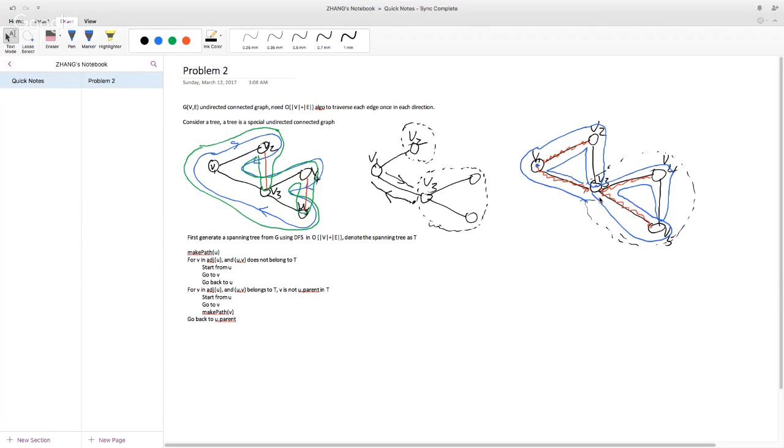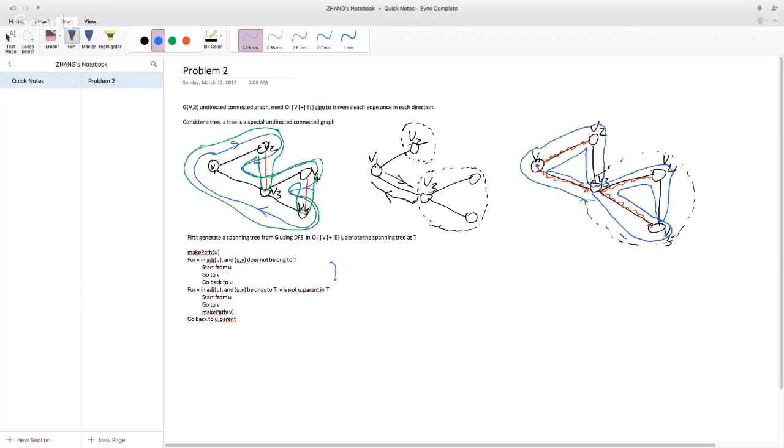And let's analyze the time complexity of this algorithm. For the generation of the spanning tree using DFS, it's linear time. And for these two for loops, we have shown that it traverses each edge exactly once.